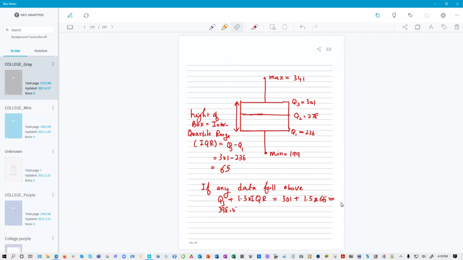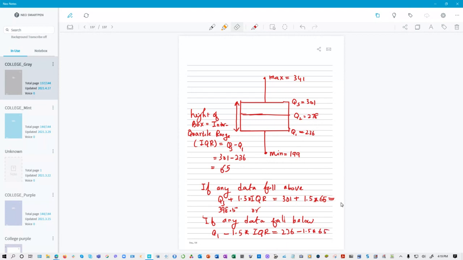398.5. Any data above that is an outlier. And if any data falls below Q1 minus 1.5 times IQR, okay, that means Q1 is what? 236 minus 1.5 times IQR, 65.